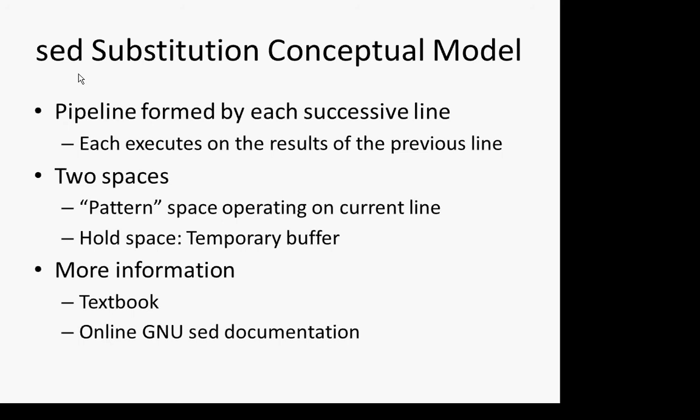Now the reason I say pipeline, though, is not merely that it's passed in turn in this way, but when the second line of the script is working on the first line of foo.txt, the first line of the script could be working on the second line of foo.txt.